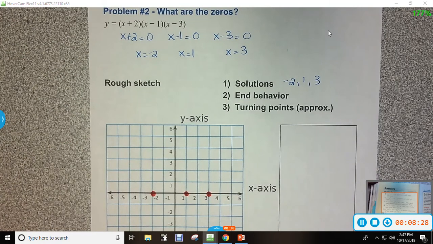Alright, so once you're done solving and you have plotted those solutions, double check yours with mine. Let me know if you have questions about them.